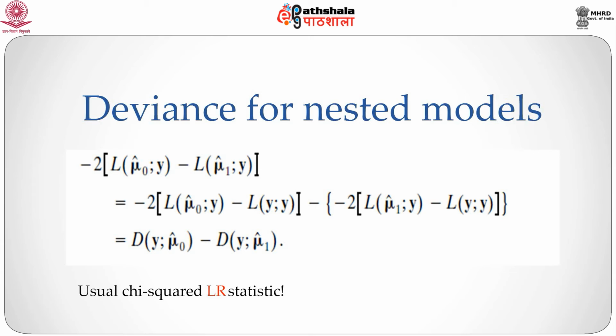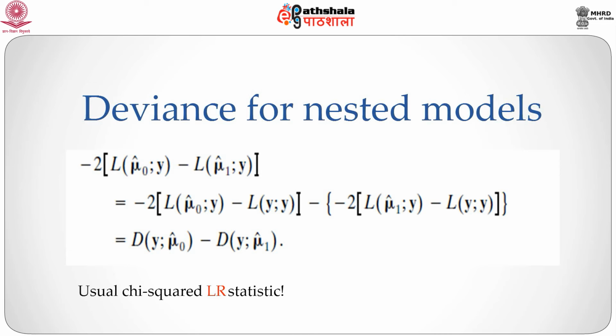Thus, minus 2 [L of mu_0 hat, y minus L of mu_1 hat, y] is equal to minus 2 [L of mu_0 hat, y minus L of y, y] minus minus 2 [L of mu_1 hat, y minus L of y, y]. Here mu_0 hat and mu_1 hat are the mean estimates from the two nested models, and y of course refers to the saturated model. So this is equal to D of y, mu_0 hat minus D of y, mu_1 hat.